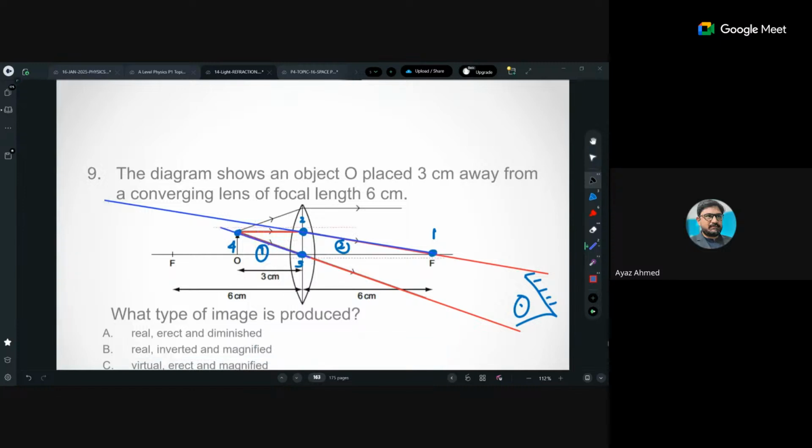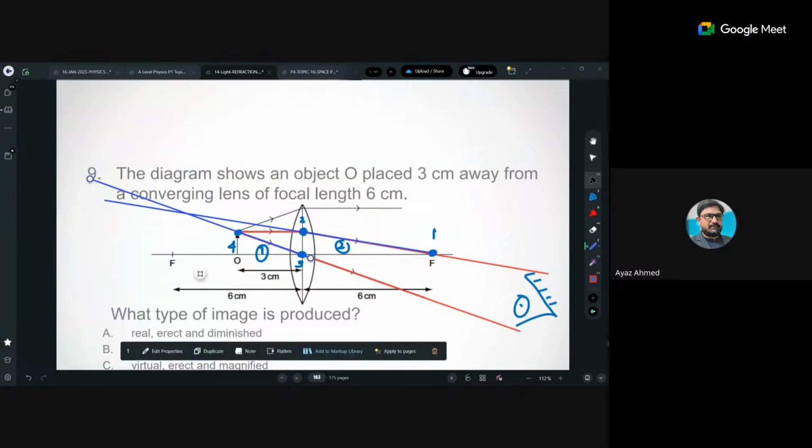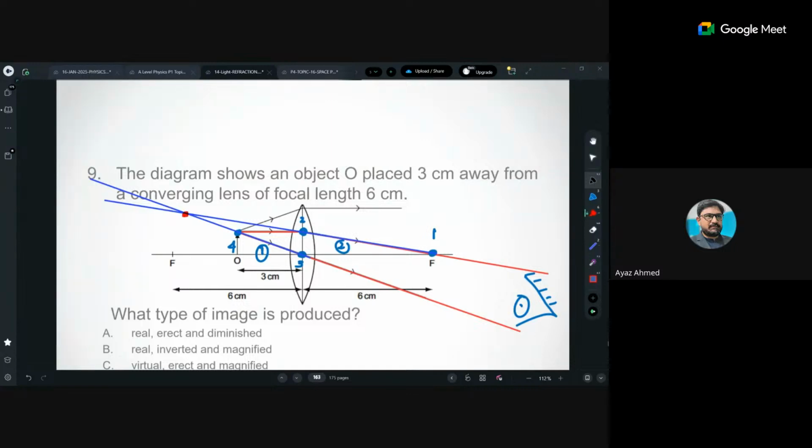You will keep a ruler and redraw the line, and where the lines are intersecting each other, here you will get the image.